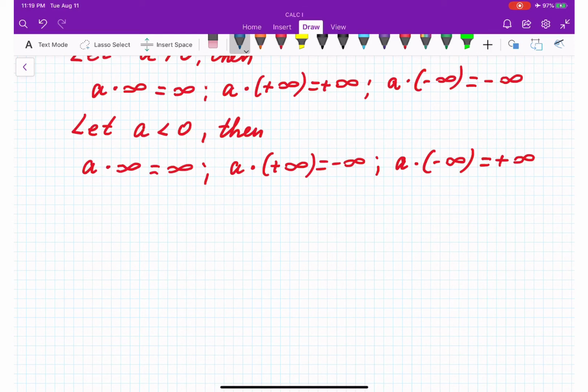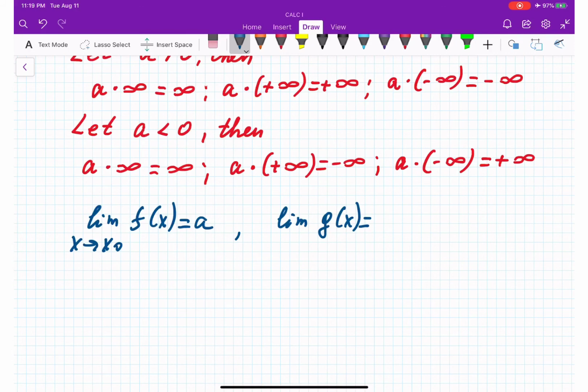If the limit of f of x is equal to a when x approaches x0, and the limit of g of x is equal to positive infinity when x approaches x0, and in our case a is going to be greater than 0, which is a finite positive number.